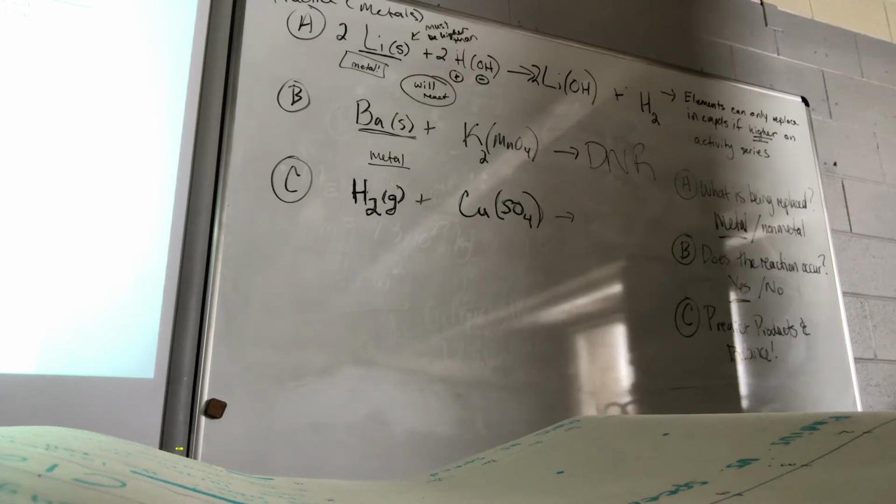Yes, but why? Nope. Because this is what charge? Negative 2. Okay? And H is always going to be plus 1, right? Because of where it's located, so then it would be H2SO4. Okay? All right, so does this reaction occur?